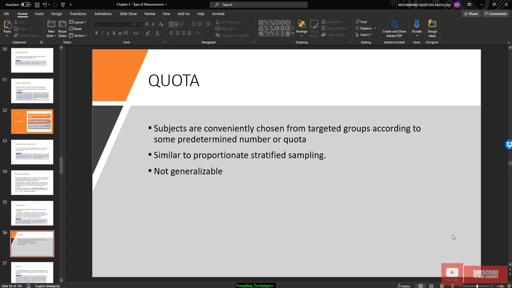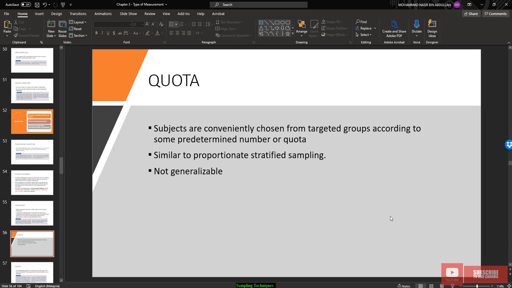Right. Another type of purposive sampling technique is quota sampling. In quota sampling technique, subjects are conveniently chosen from a target population, right, target group, according to some predetermined number or quota. So let's say we want to get 500 female respondents and 200 male respondents, for example. So this is based on quota.